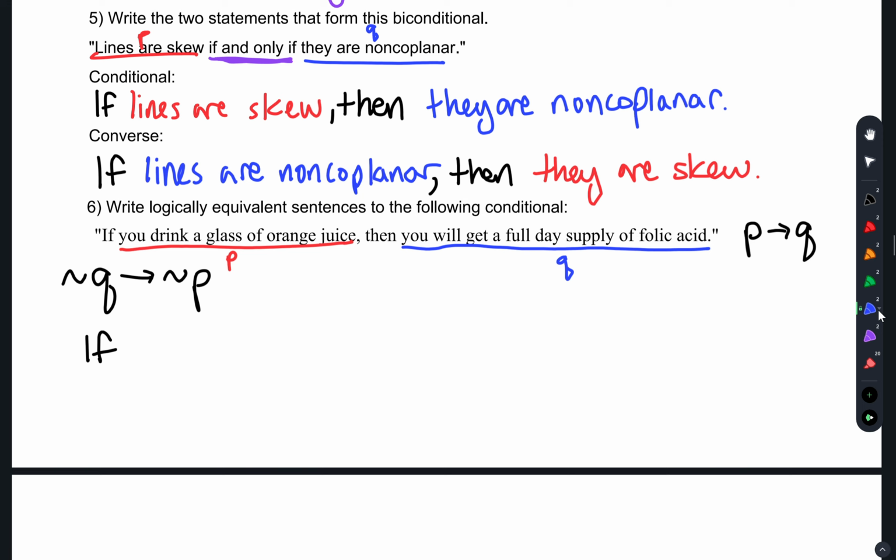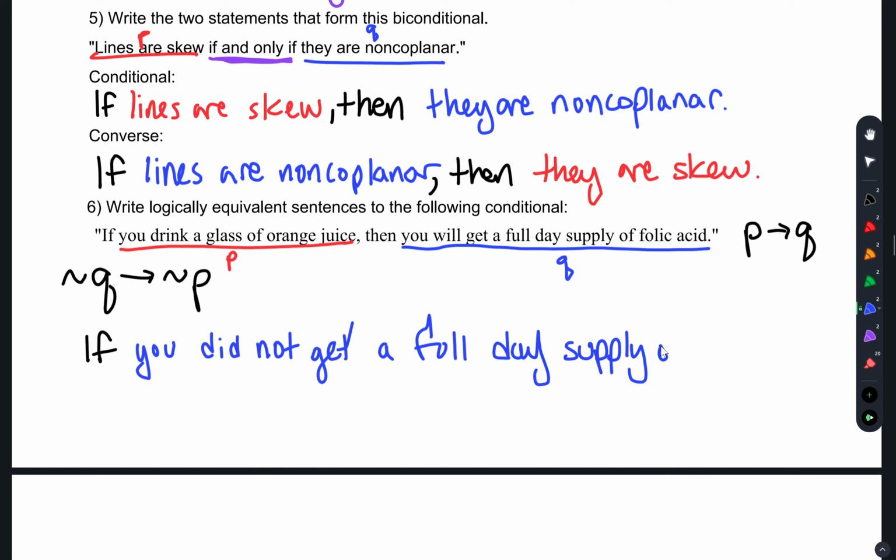So let's write, if you did not get a full day supply of folic acid, notice I added the word not in there to make it negative, then, now I take my hypothesis, you drink a glass of orange juice, fit it to my sentence so it still makes sense, and make it negative.